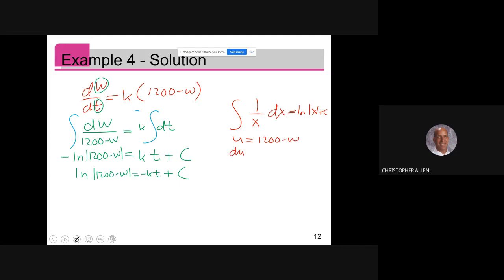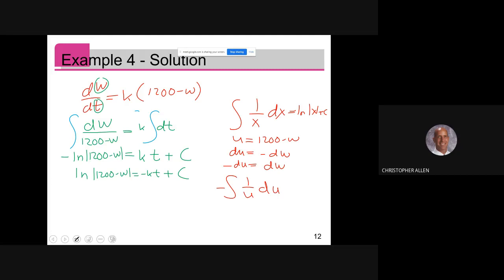Then du would be negative dw, or negative du is equal to dw. So what I guess I'm trying to tell you is it's not just something we're choosing to do. You actually have to do it. It's just hopefully now at this point, it's kind of becoming more of an automatic process that you can quickly go from here to here. Does that make sense? Yeah. Okay. So in other words, this integral would have literally changed to the following integral.